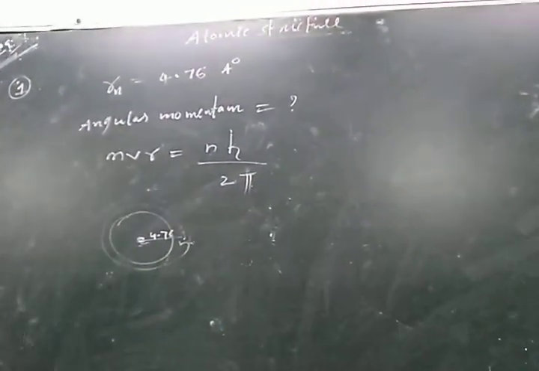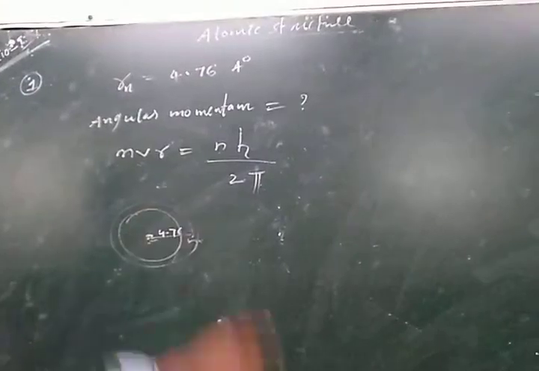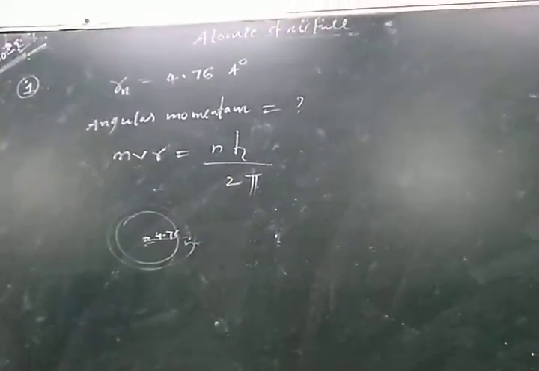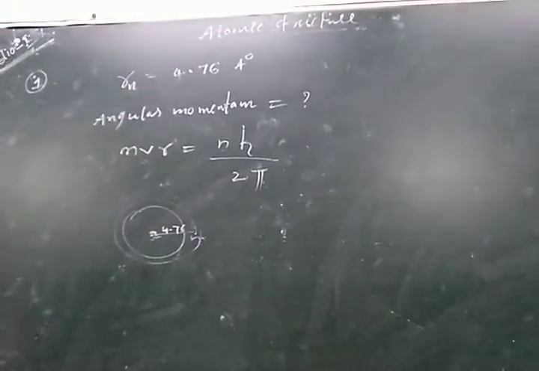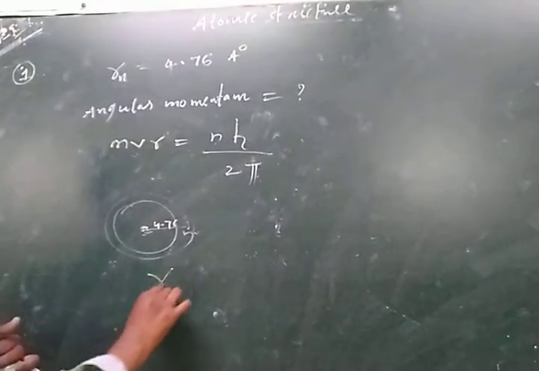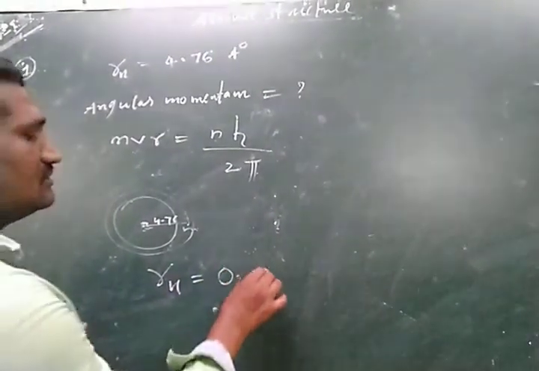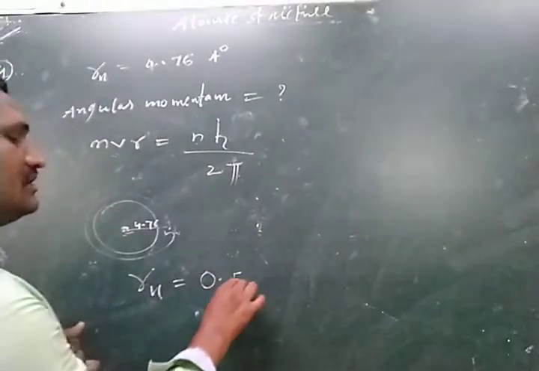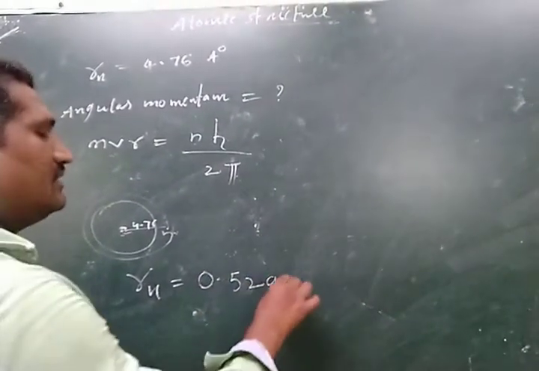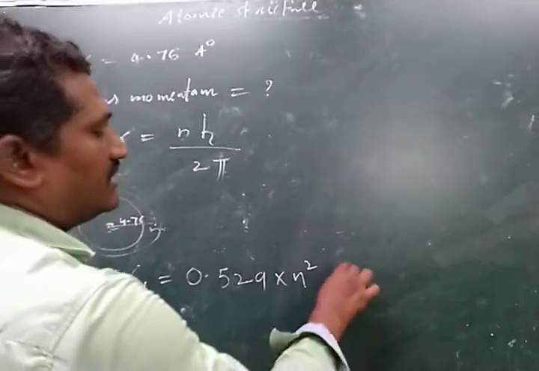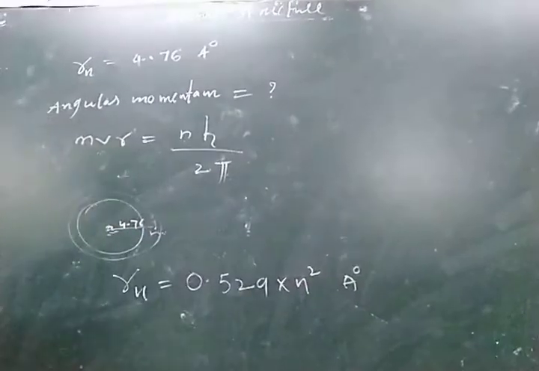So how will we find the radius of the nth orbit? The radius of nth orbit formula: radius of nth orbit equal to 0.529 into n square angstrom units.